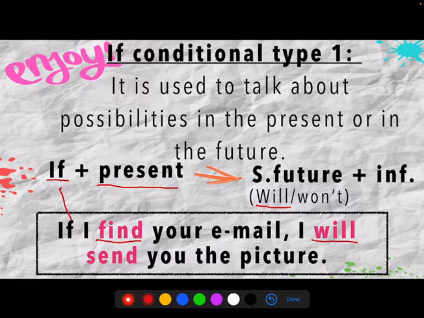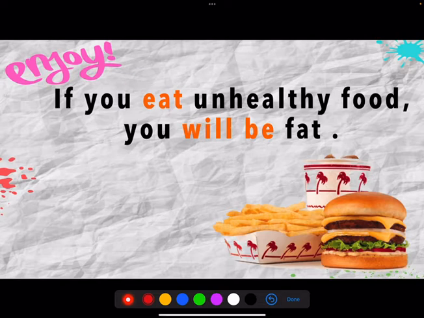Then you have the verb in the infinitive form. So will never change. Will never change in the simple future form in the first if conditional, plus the infinitive form of the verb.